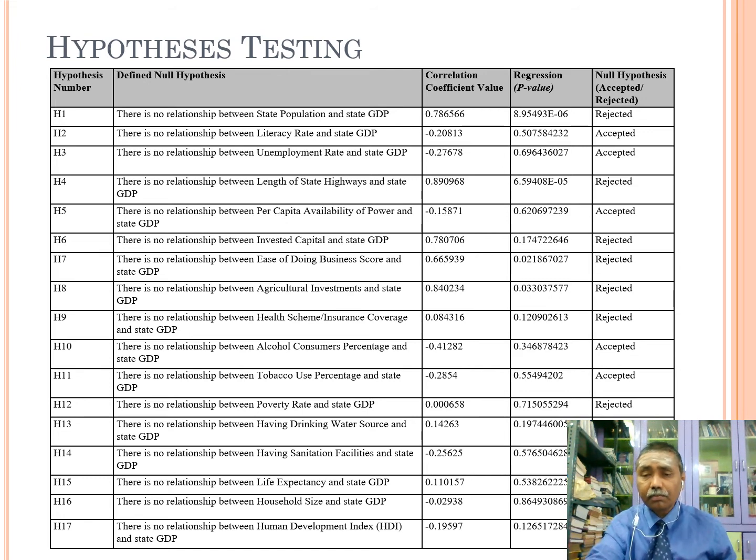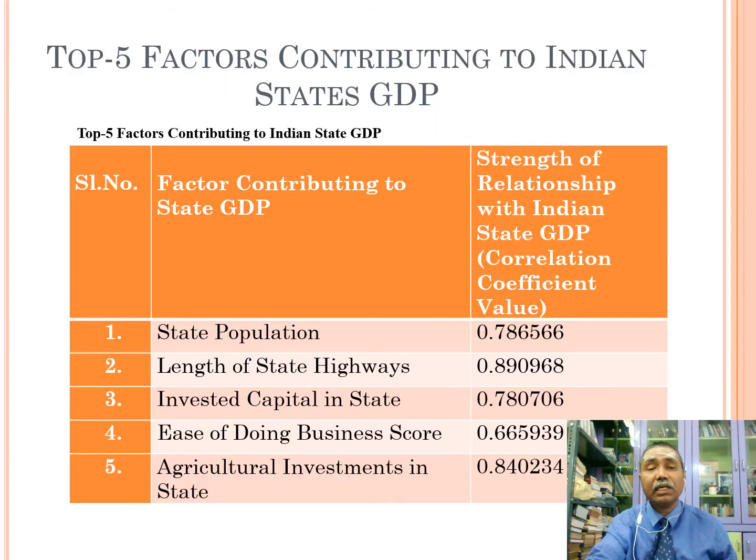Let's move on to the other findings. These are the top 5 factors contributing to Indian GDP. In this table I have not put them in decreasing order of correlation coefficient value, but in the next slide I will show you the rank ordered top 5 factors contributing to the Indian GDP.